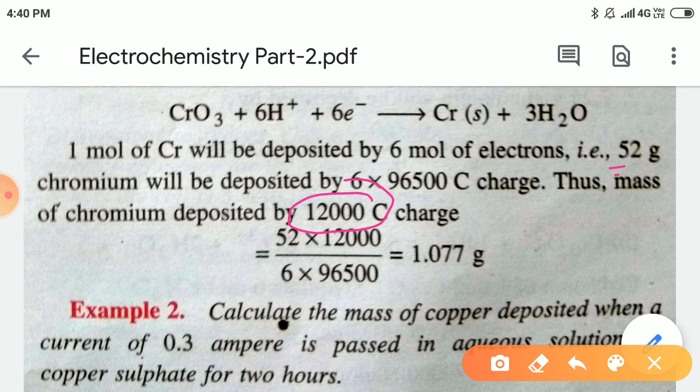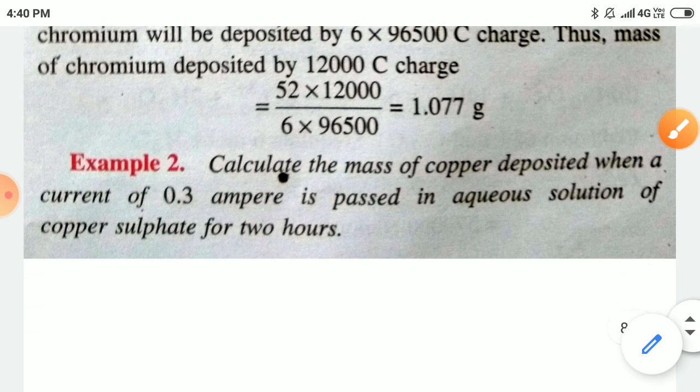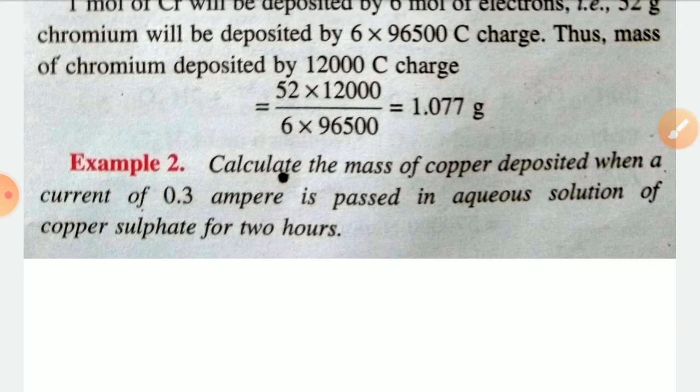So deposited chromium on the cathode is 1.077 gram. Now the next question: calculate the mass of copper deposited when a current of 0.3 ampere is passed in aqueous solution of copper sulfate for 2 hours.